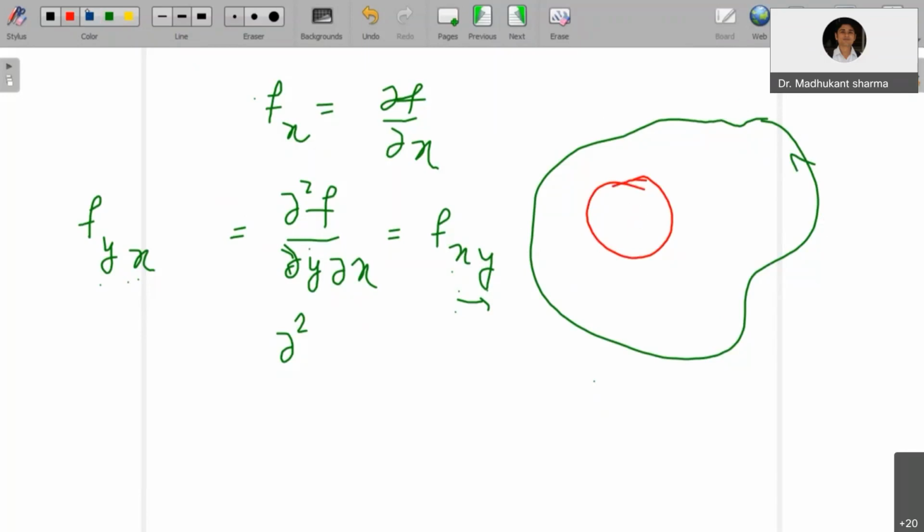Now, can you give an idea? This is multiply connected by my definition, because I put a hole. Is there a way to make it simply connected so that the results can be applied?